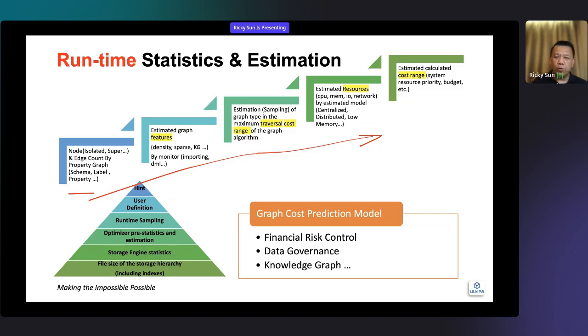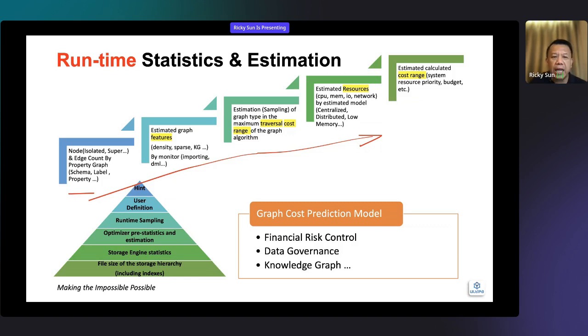How many nodes are isolated? How many edges are connecting to each node, right? So that we should know from the statistical data point of view how many supernodes there are if you draw a threshold or bar.